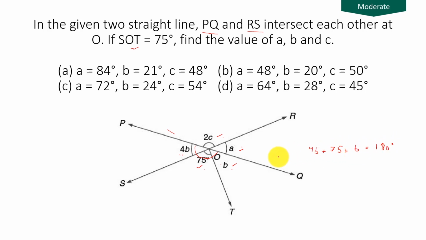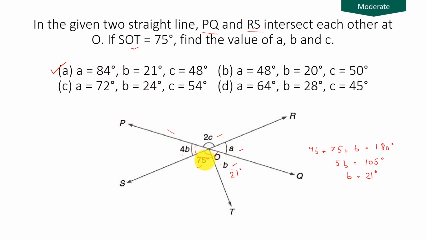We can solve this equation for B. So 5B is equal to 105 degrees. B is equal to 21 degrees. Now we can look at the options and we can see that B equal to 21 degrees is only in option A and we can straight away take option A now.